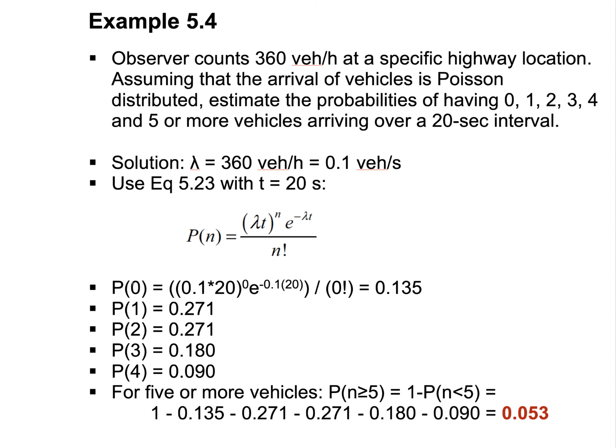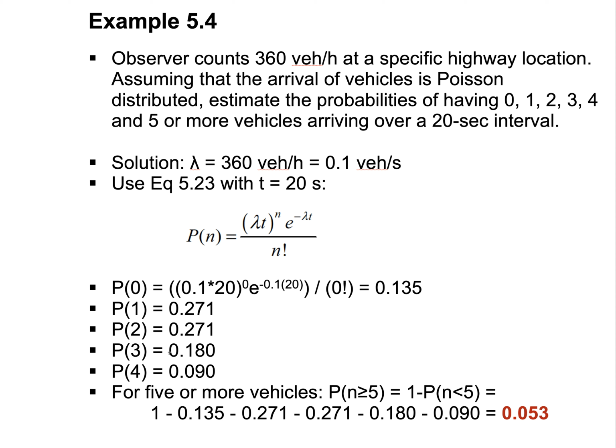For example, the probability of 0 vehicles arriving over the 20-second interval is 0.135. The probability of 1 or 2 is 0.271. The probability of 3 vehicles arriving over that 20-second interval is 0.18, and the probability of 4 vehicles arriving is 0.09. So I suggest you try using that formula and see if you get the same answers.